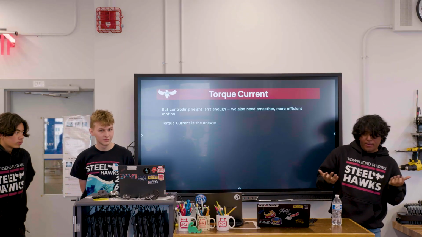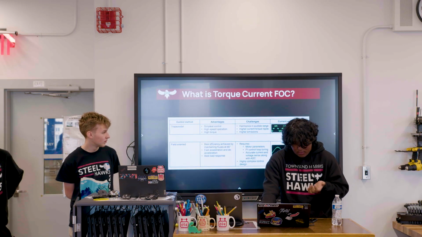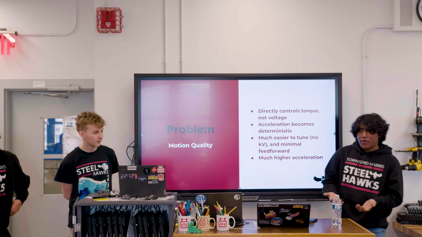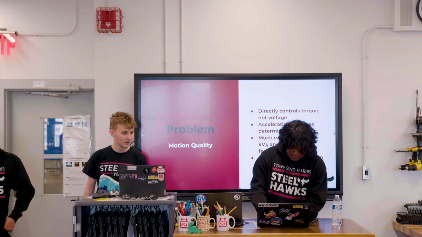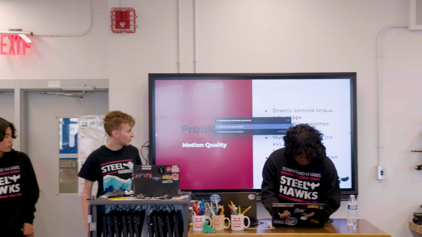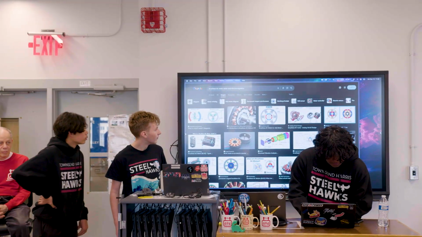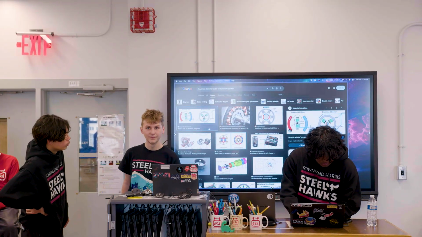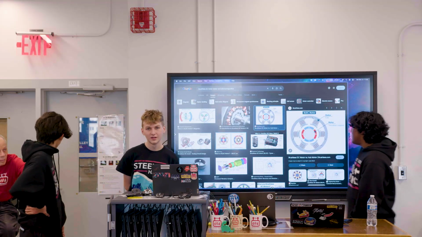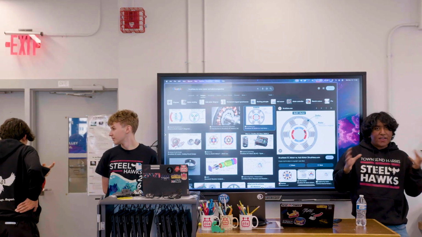The way a brushless DC motor works is, you basically have a rotor, which is your permanent magnet, the thing on your motor that actually spins.